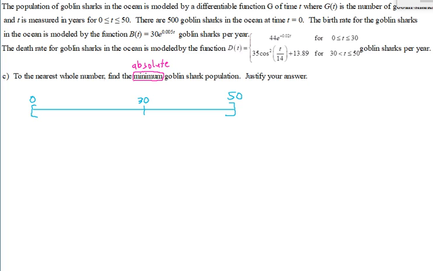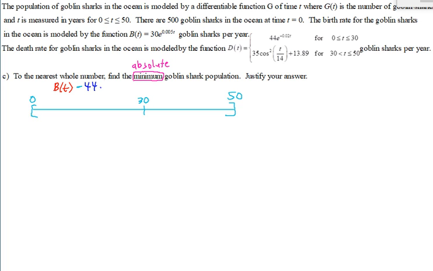On the first piece, the derivative here is d of t minus the top part, 44 e to the negative 0.002t. So we'll write that one here.